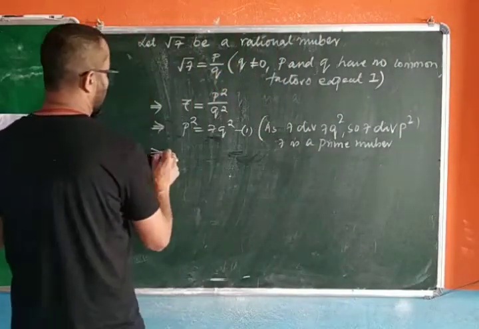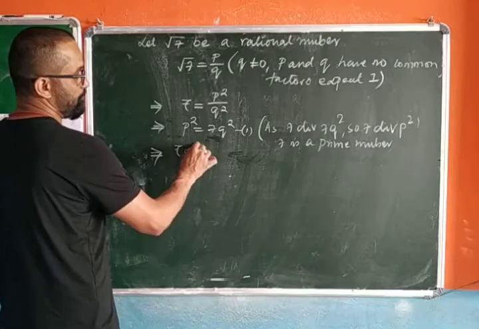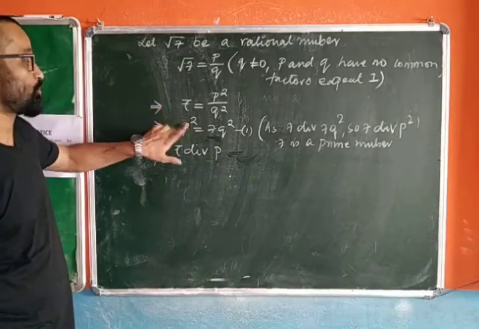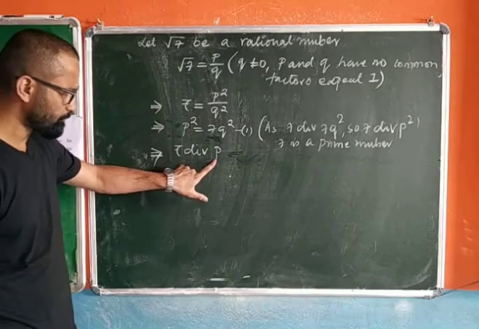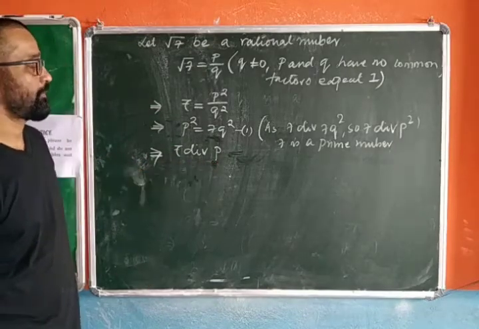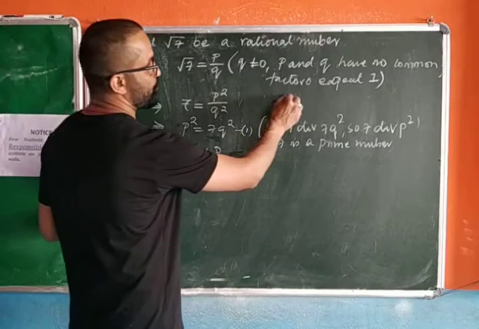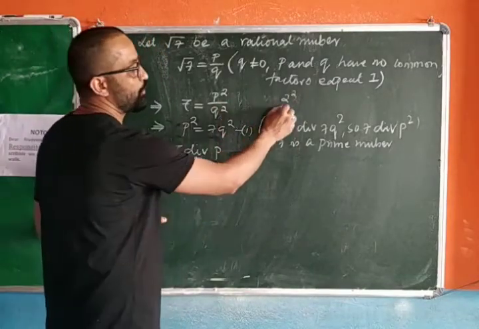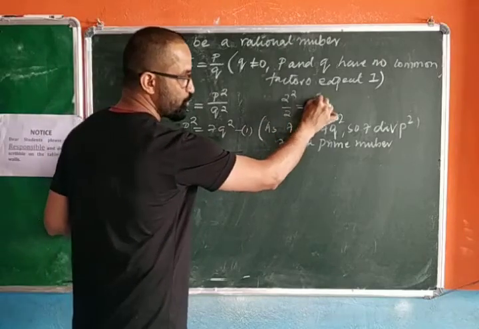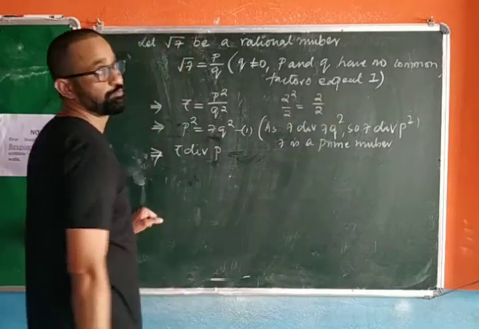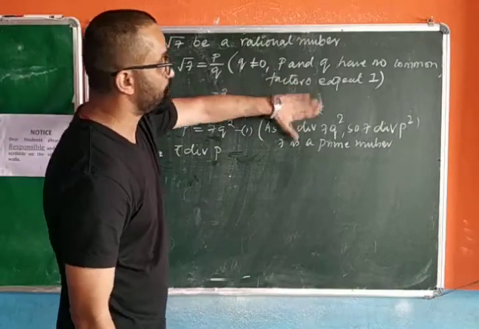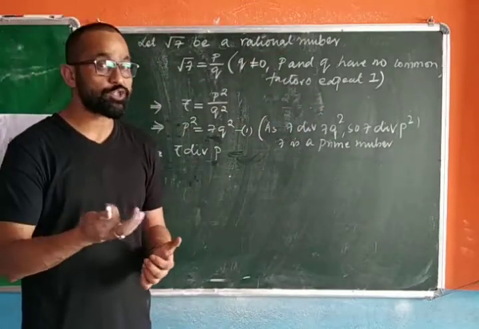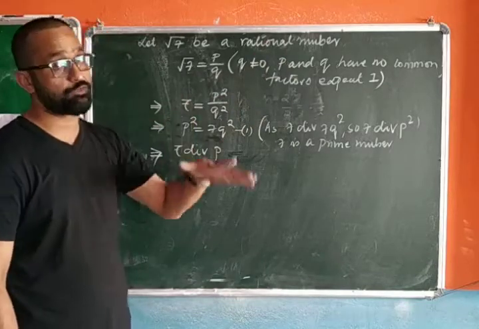Which implies that 7 divides p. When it can divide p square, it has to divide p. Suppose you have 2 square, which is divisible by 2, so 2 should be divisible by 2. So if a square is divisible by a number, then the number without the square has to be divisible by that particular number.